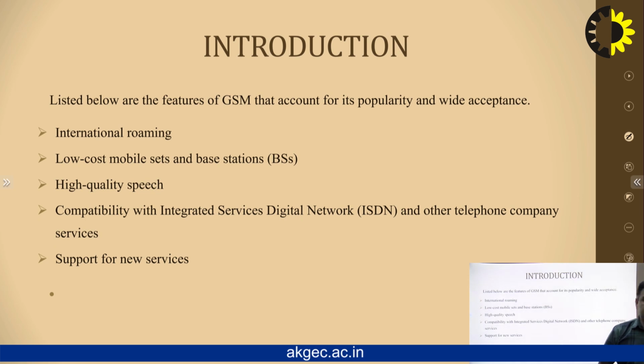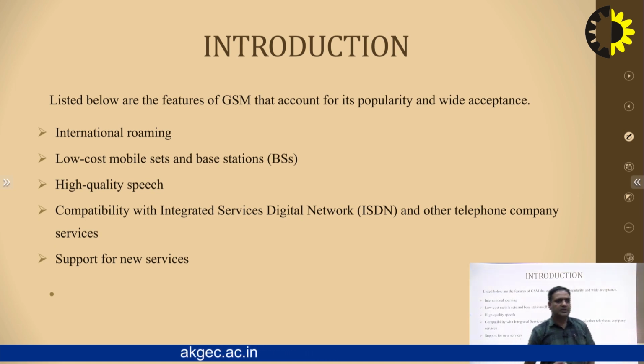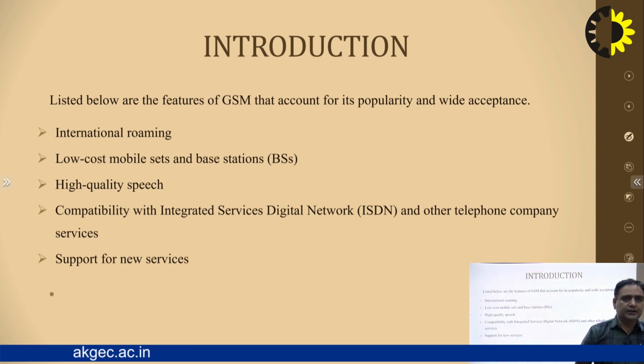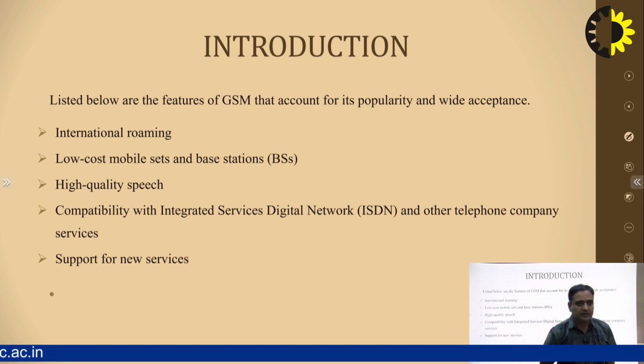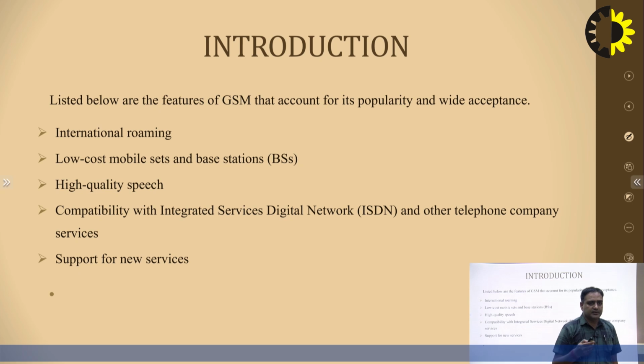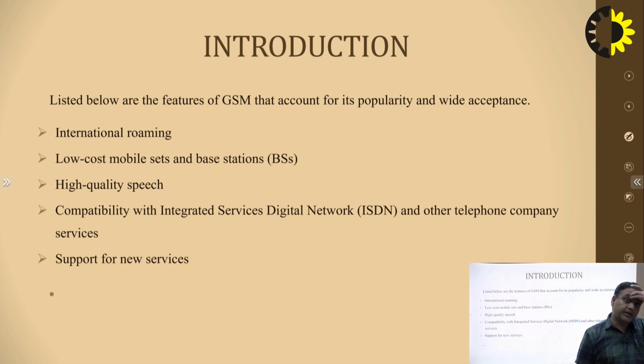International roaming: if a person is moving from one domain to another domain. If you are talking about India, the operators divided India, from the communication point of view, into a total of 26 circles.